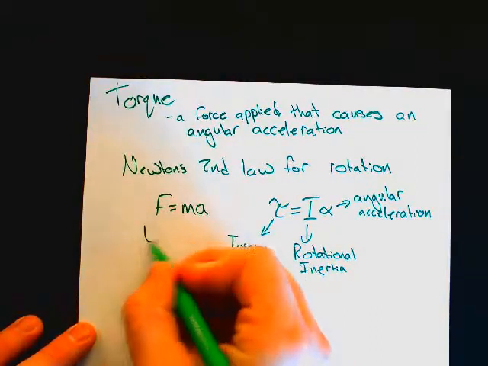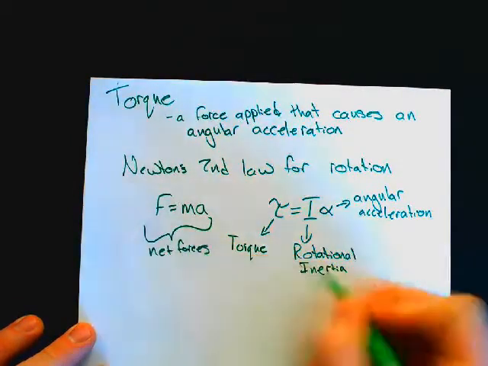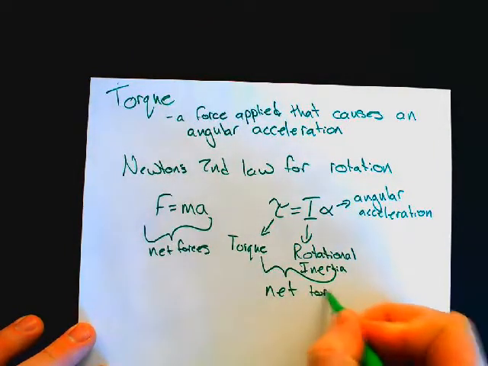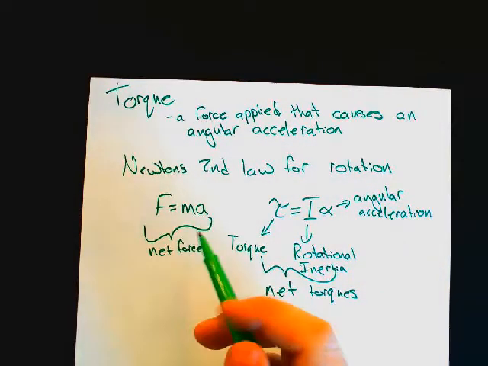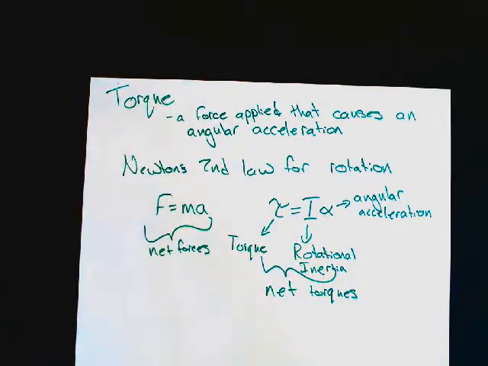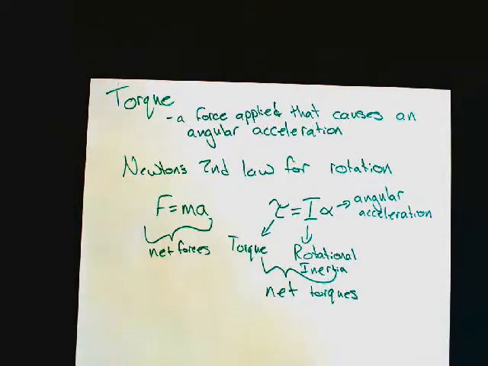So this worked for net forces. This works for net torques. Now, when we learned Newton's second law, m was pretty easy. It's the mass of an object. Acceleration we'd already been talking about. Well, over here we've already been talking about angular acceleration, but we haven't talked any bit about rotational inertia. So before we can really go any further, we've got to figure out, well, what is rotational inertia?